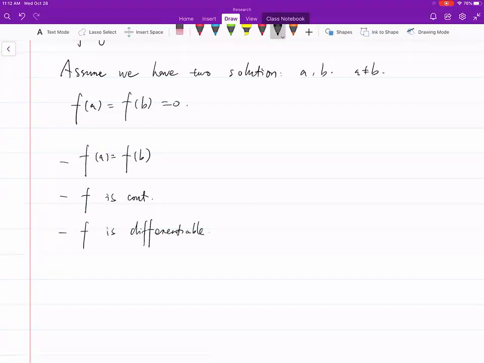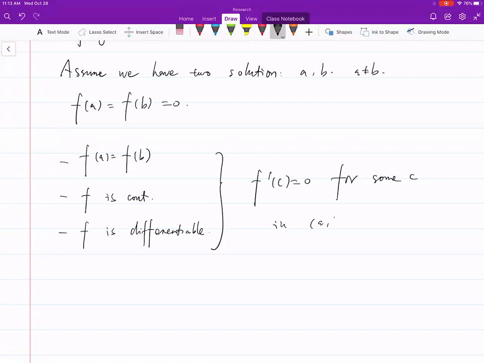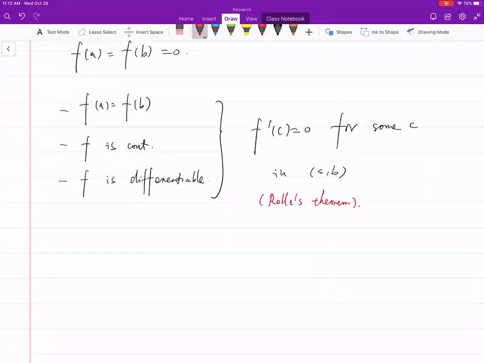You trigger Rolle's theorem because all 3 conditions are satisfied, right? So f prime of c equals 0 for some c in (a, b). Why? Because of Rolle's theorem. Good so far? If we have 2 solutions, this happens.